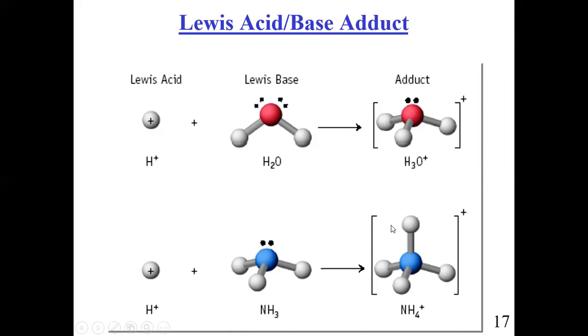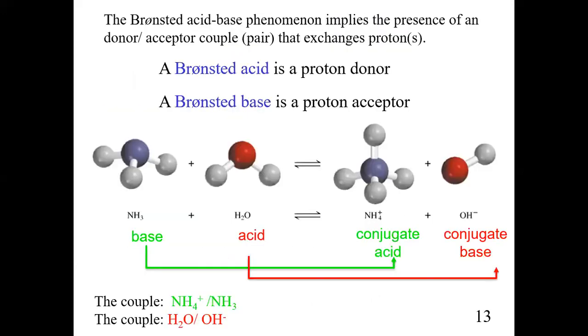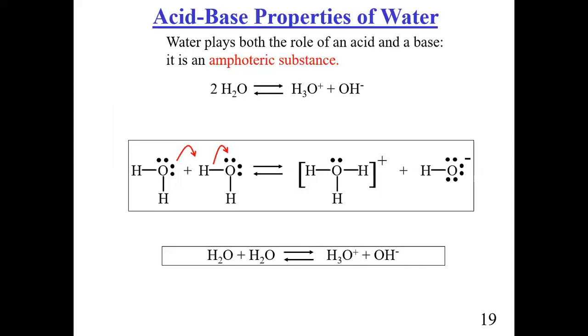Throughout this course, we are going to concentrate on the Bronsted, okay? So we're always going to have a conjugate acid-base pair. Now, sometimes you see me just dissociating an HCl, but in a sense, we're only going to concentrate on the Bronsted, okay?